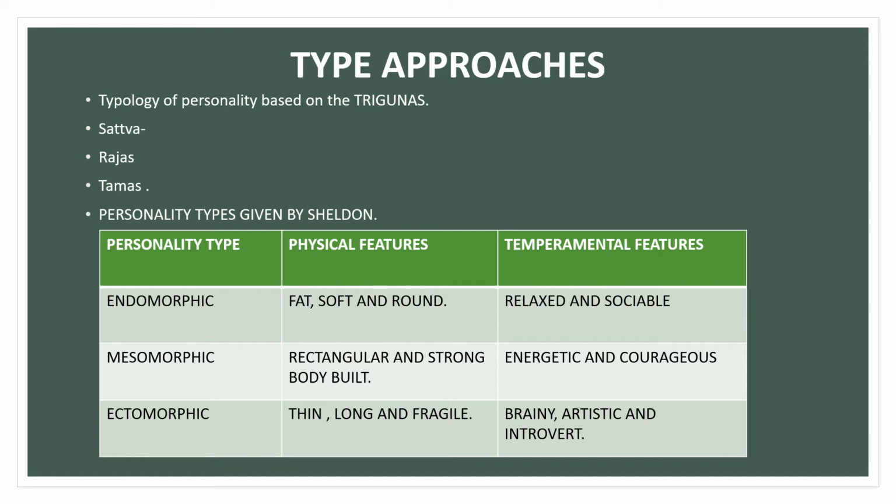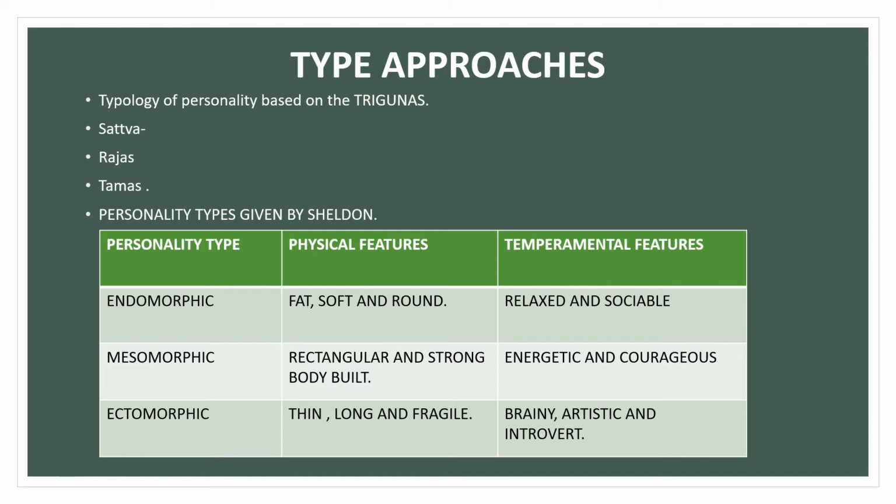These types are described by using body build and temperament as the main basis. So the endomorphs are fat, soft, and round in their body build, and they are mostly relaxed and sociable.